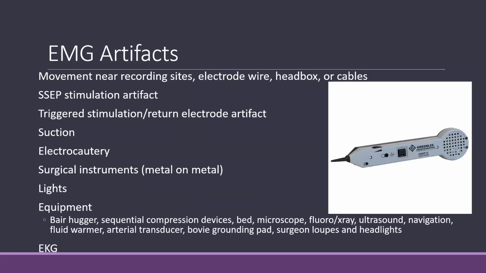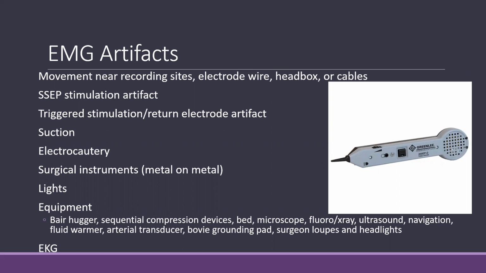Now, as far as artifacts, the EMG is going to be contaminated quite a bit with artifacts. And in many cases, we see more artifact than we actually see firing. So the artifacts can be caused by movement near the recording sites, electrode wires, head box, or cables. We also see SCP stimulation artifact in our EMG quite commonly, triggered stimulation or return electrode artifact, artifact from suctioning, from electrocautery. Our bovies and bipolars are also very common.